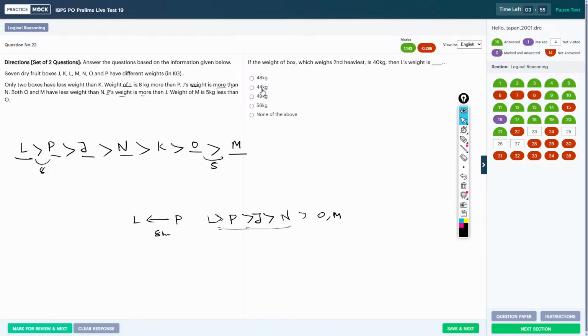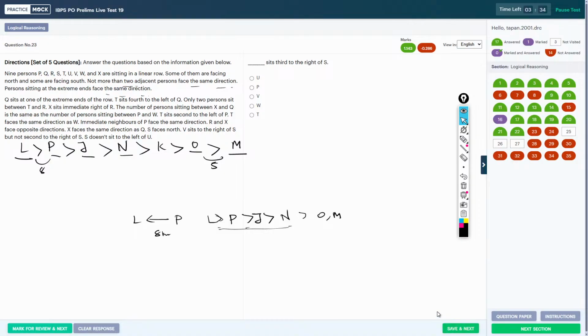So P. If L's weight is, just a second, weight of L is 8 kg more than P. Second heaviest is 40. So A. Okay, so definitely 48.